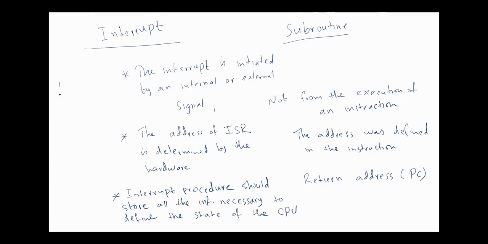So in the interrupt, we need to store the return address, the processor registers, and the contents of certain status bits, along with the additional bit called the mode bit that defines the user or supervisor mode.